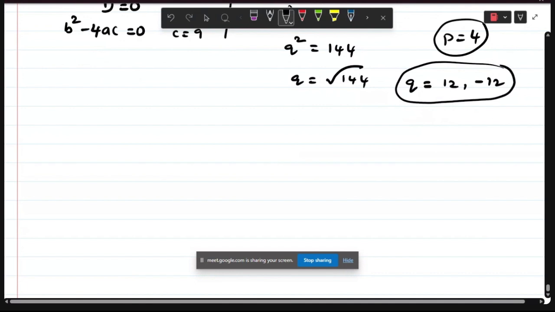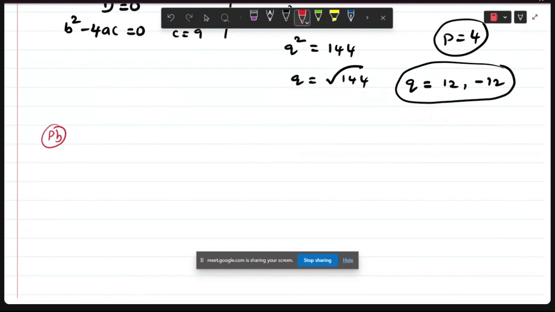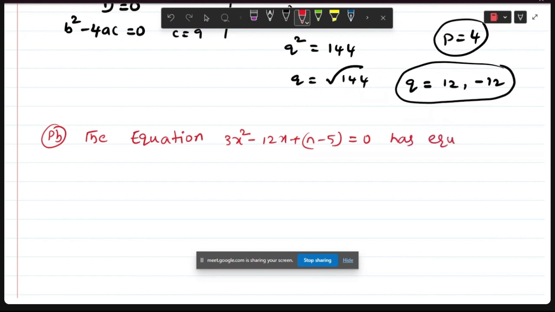I'll give two questions. Please solve the problems. The equation 3x square minus 12x plus n minus 5 is equal to 0 has equal roots. Find the value of n. Please do it.